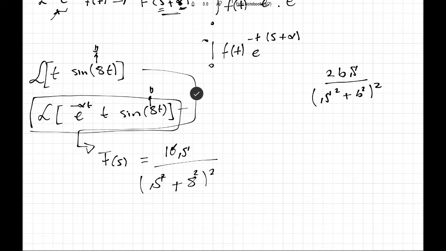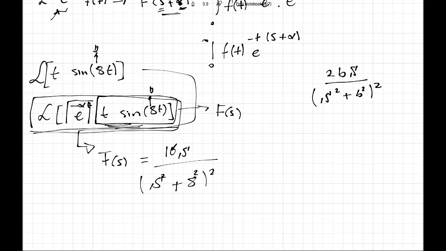Now what is the Laplace transform of this expression? From the first shift theorem we know that for any function, if it's multiplied by this factor e^(-alpha t), then the Laplace transform will be the same Laplace transform of this function, only the thing is that you will add alpha to every s.